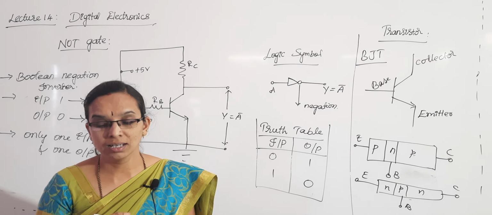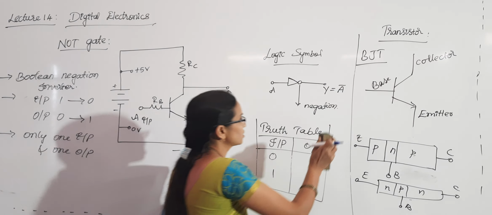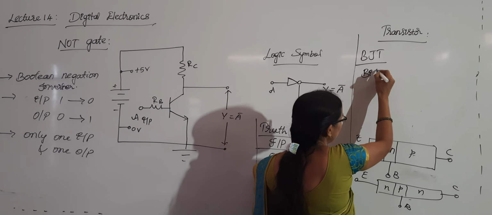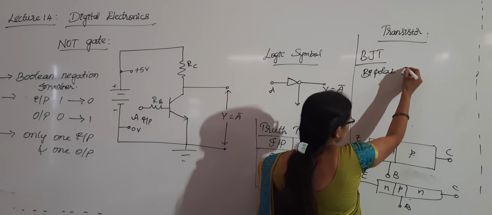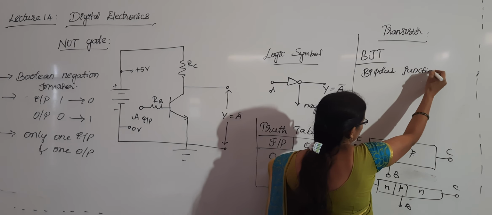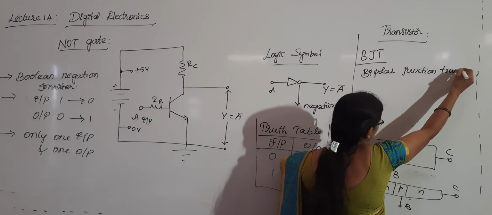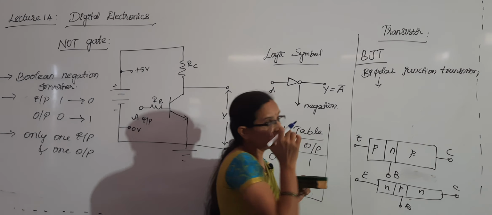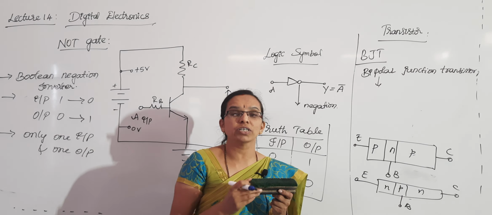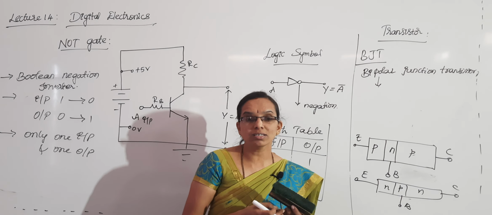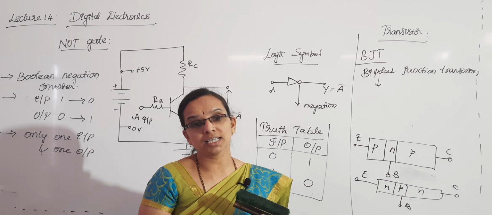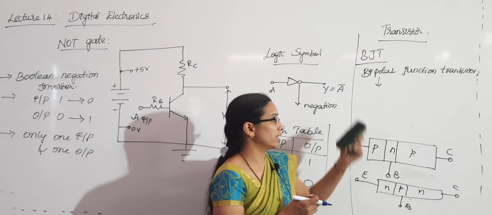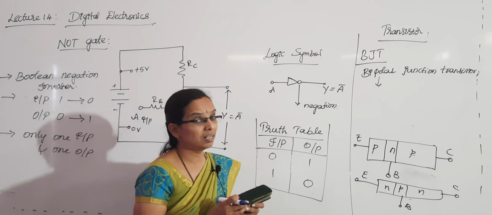Bipolar in the sense that the current conduction is due to two types of charge carriers, electrons and holes, majority charge carriers and minority charge carriers. That is why it is called a bipolar junction transistor.